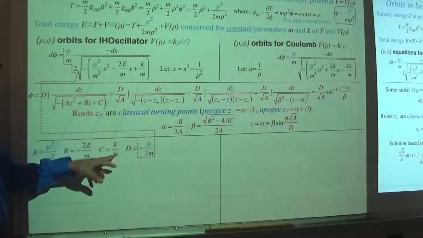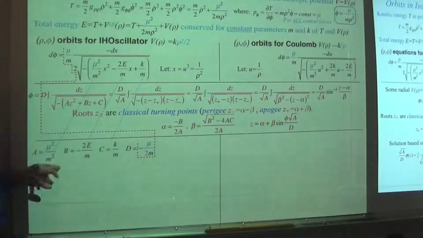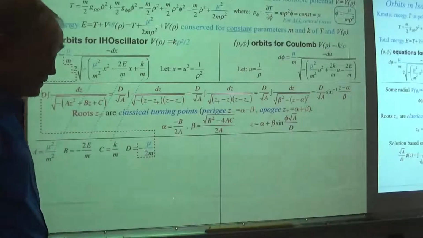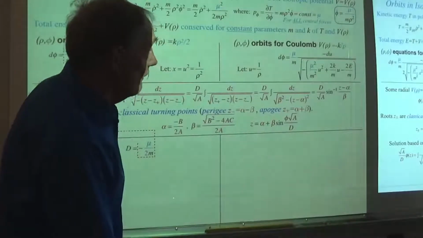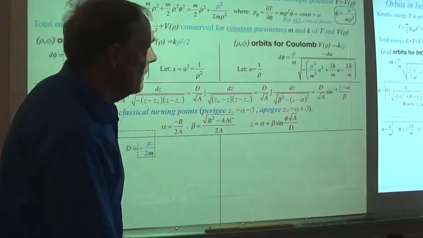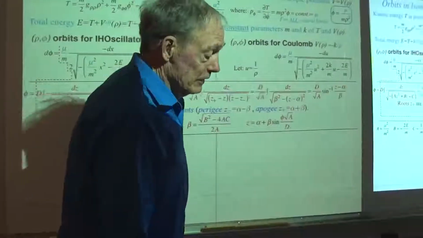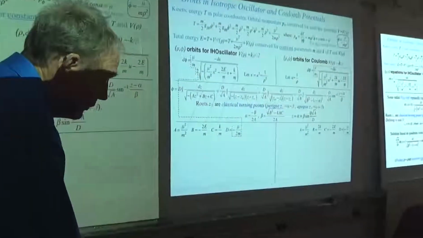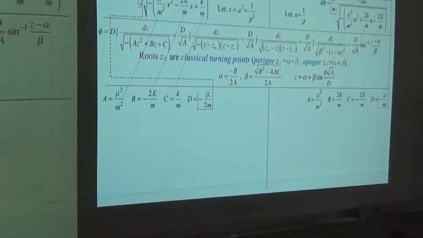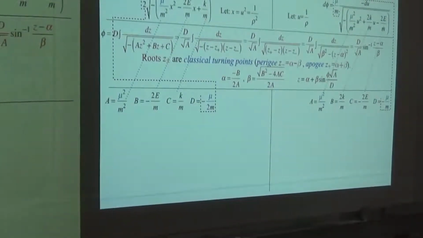in terms of K and M and mu, substitutions for the isotropic oscillator. And then further along here, let's get this one up to that speed. We also have the Coulomb orbiting having its values for that.